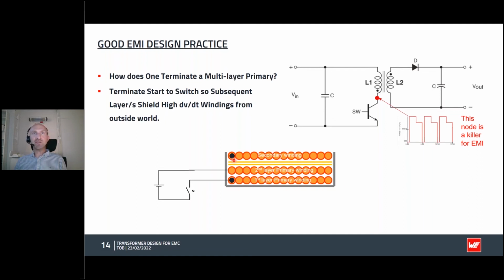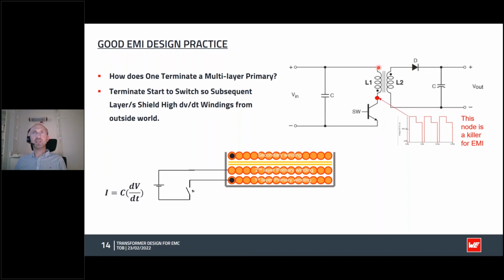So we can see here on a typical transformer how we should actually wind it. We have here this noisy node connected to the switch, and we have this very high DVDT on this node. However, on this node, on the transformer, this is connected to V bus, which is a constant voltage, and so it's relatively stable voltage and not particularly noisy.